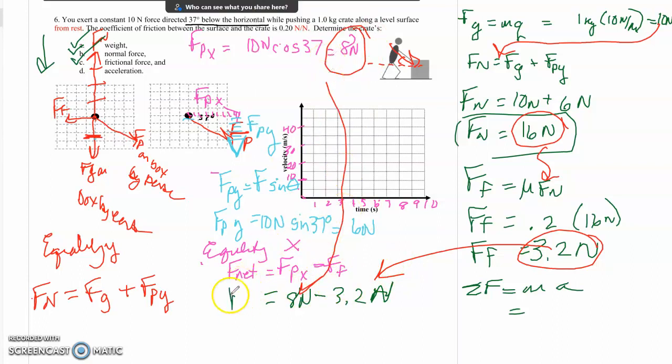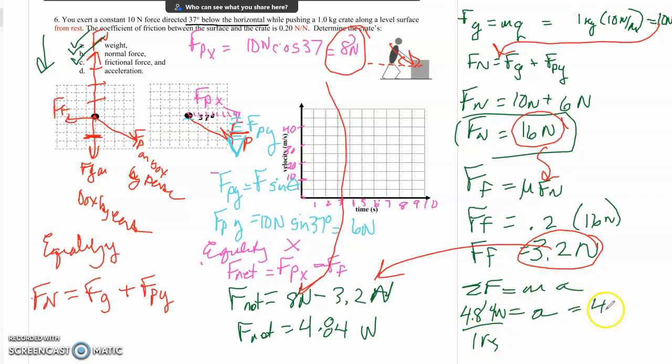So F net then equals what? 4.8, yeah? That's fine, about 4.8 newtons, divided by 1 kilogram equals acceleration. So 4.8 meters per second squared. Okay, that's it. Boom.